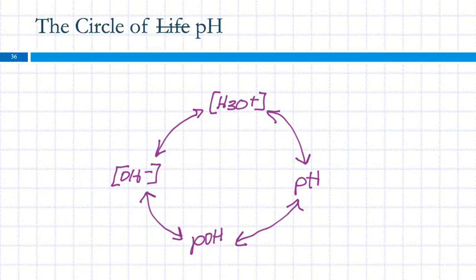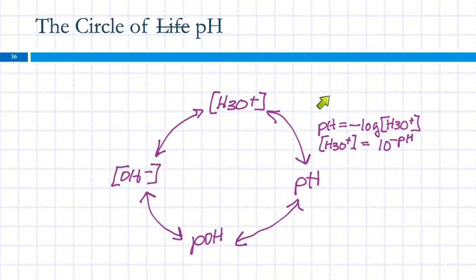So here are the relationships between these guys. pH is negative log of H3O plus, and H3O plus is 10 to the negative pH. You should trademark that. I'm sure somebody else has done it. That's okay.